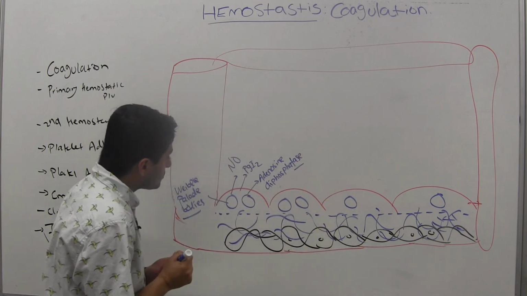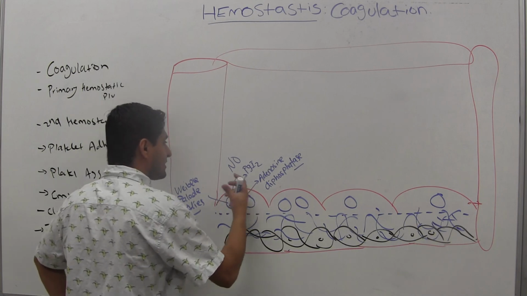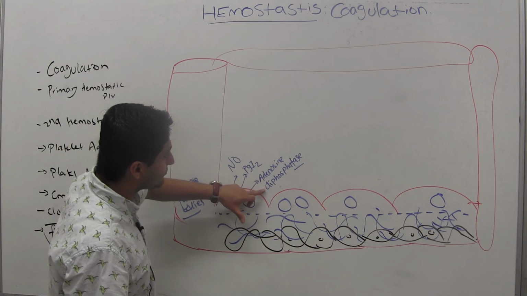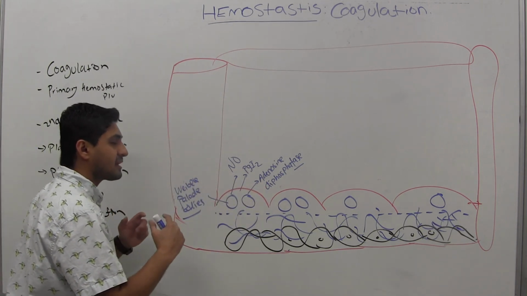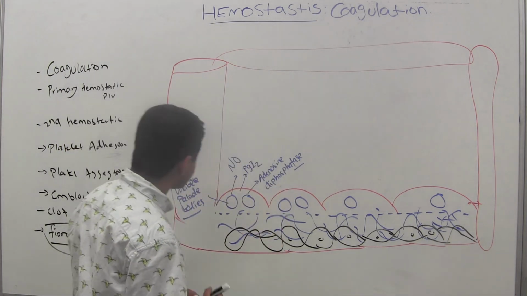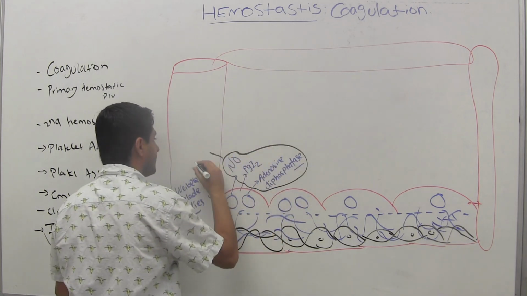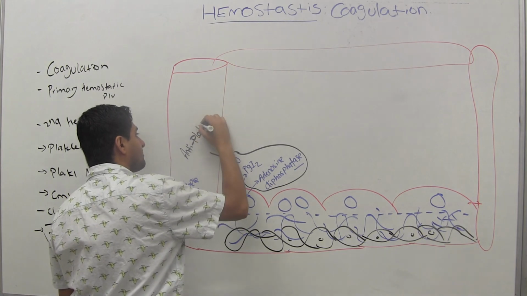So the nitric oxide, prostacyclin and adenosine diphosphatase prevent platelet aggregation. These are called antiplatelets, and I'll explain why they're called antiplatelets.